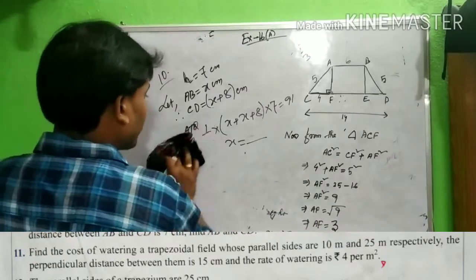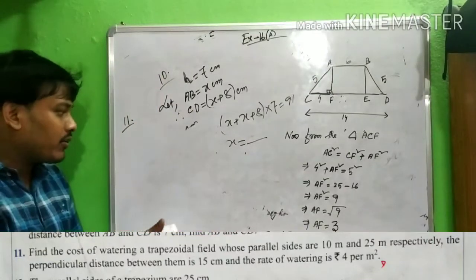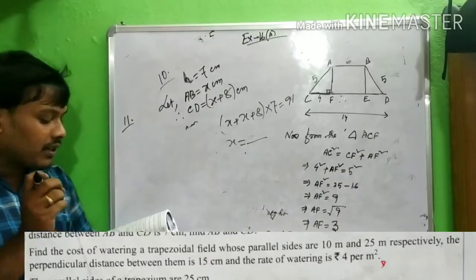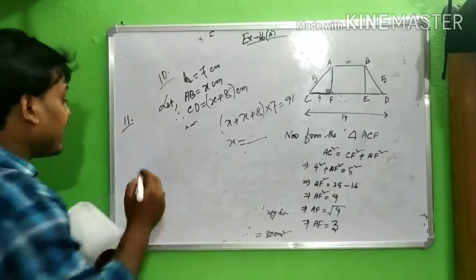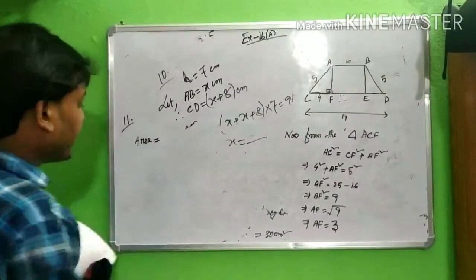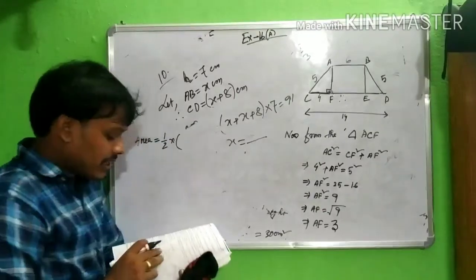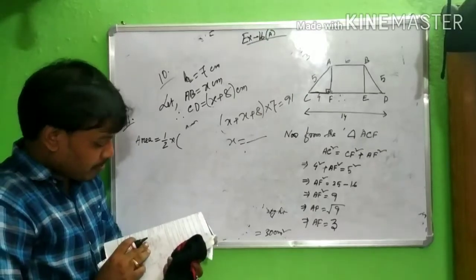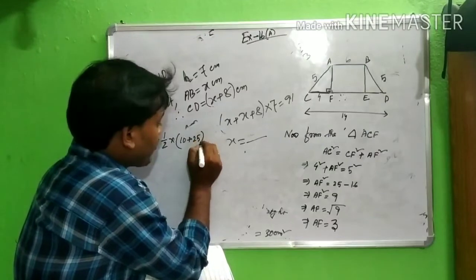The question is we have to give water over the total area. The cost for watering 1 meter square is 4. So first we find the area of the trapezoidal field. So what is the area? Half into sum of parallel sides, that means 10 plus 25, into height.